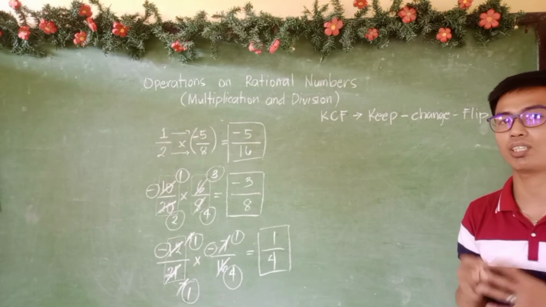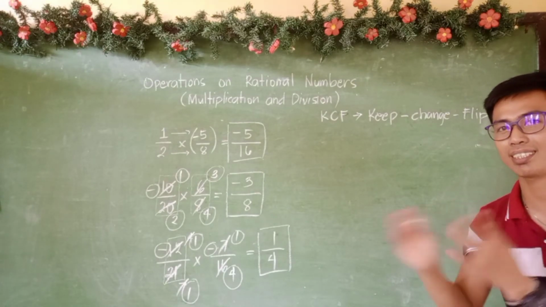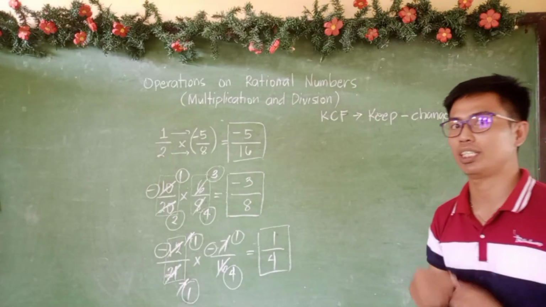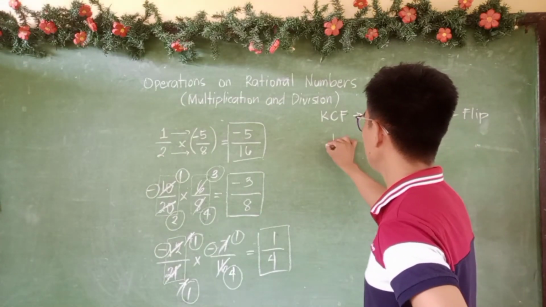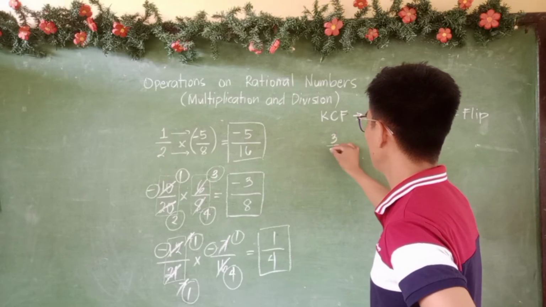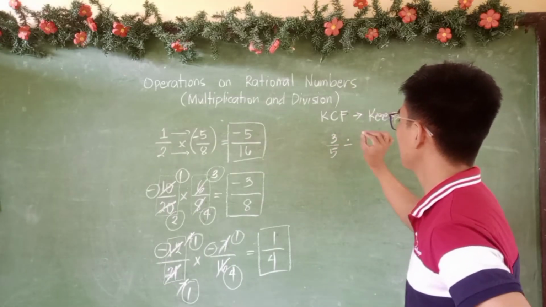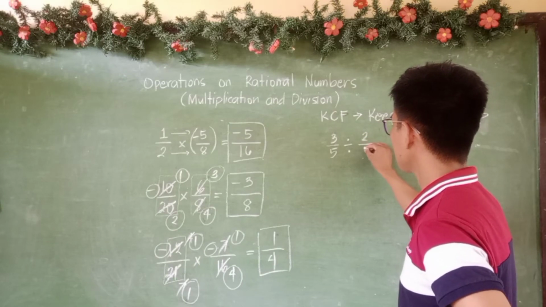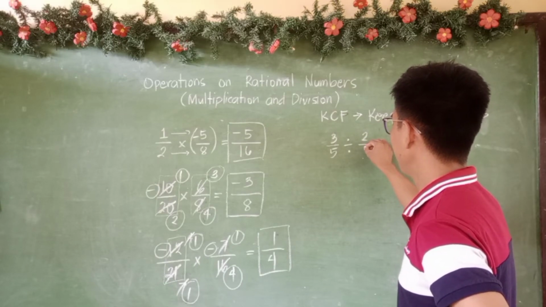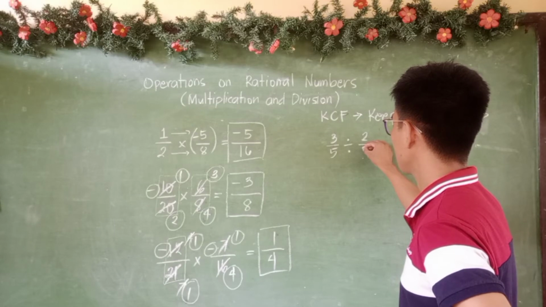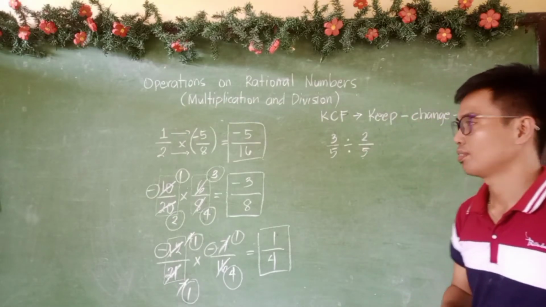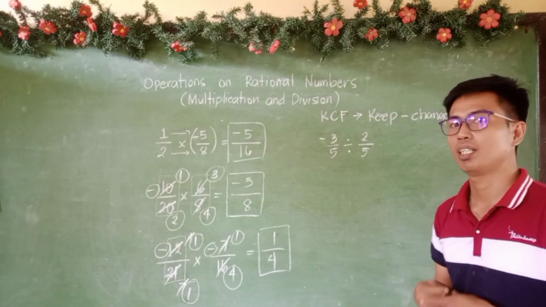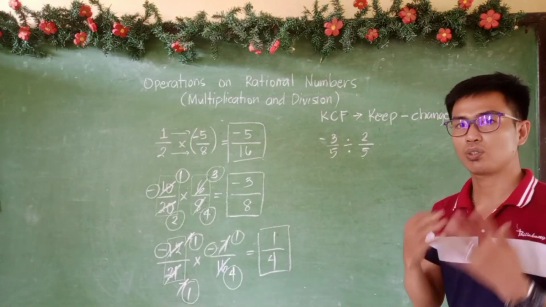So ito yung gagawin natin dun sa ating given. So let's try using the method in dividing rational numbers. So let's say we have negative 3 over 5 divided by 2 over 5.